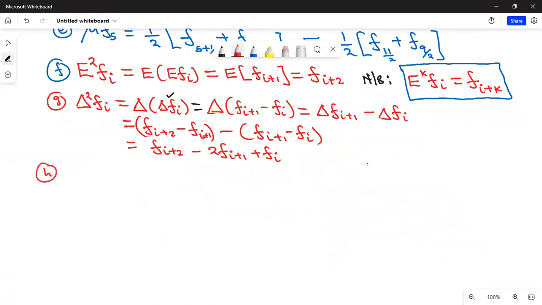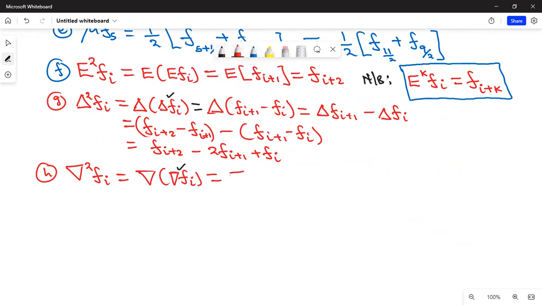Part H, we need the second backward difference of Fi. So now the backward difference of Fi should be equal to the backward of another backward difference of Fi. Check how we defined backward of Fi, the innermost bracket here.